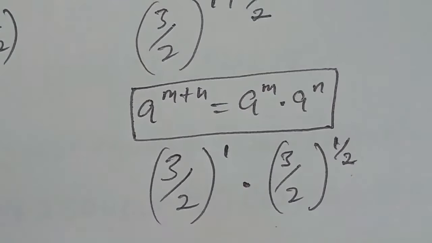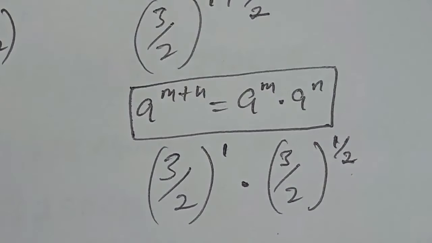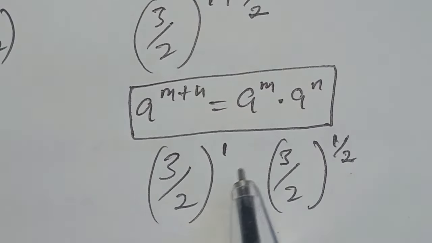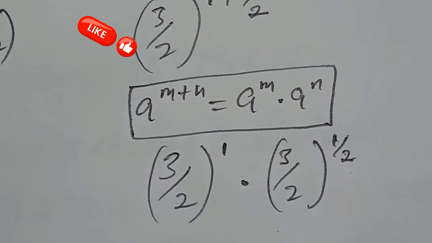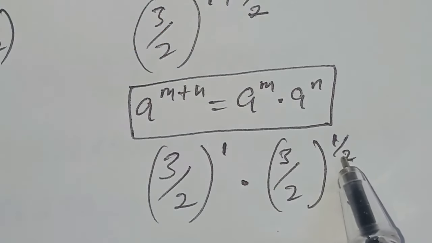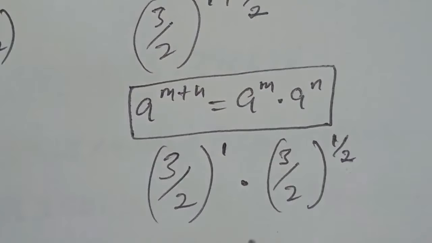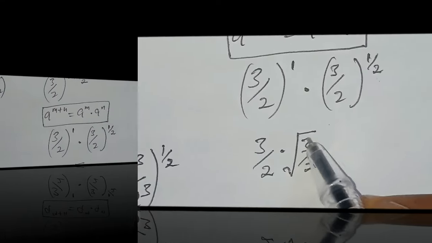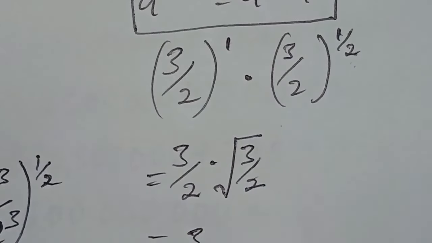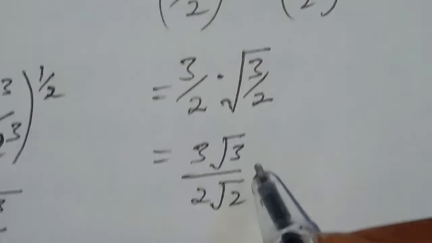After splitting this part, we have 3 over 2, which is the same thing as 3 over 2 to the power of 1, now multiplied by the radical form. Because of this half, it will now be the square root of 3 over 2, and this can be written as 3 square root 3 over 2 square root 2.